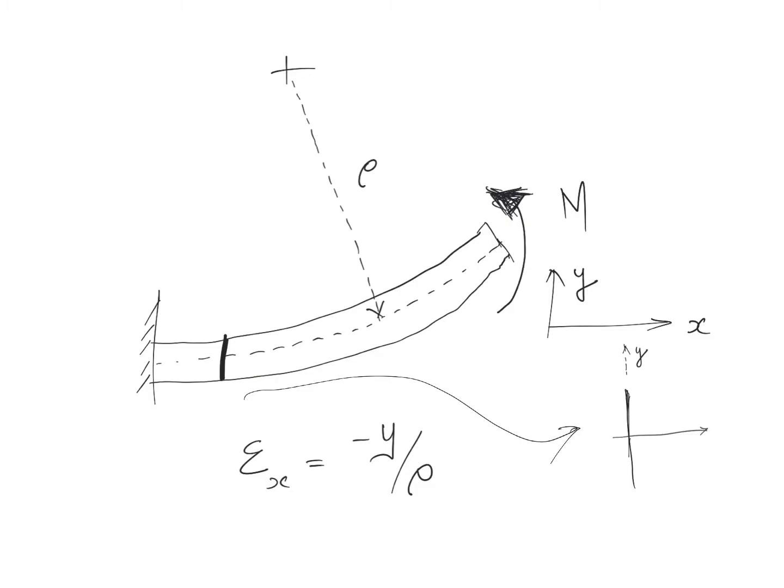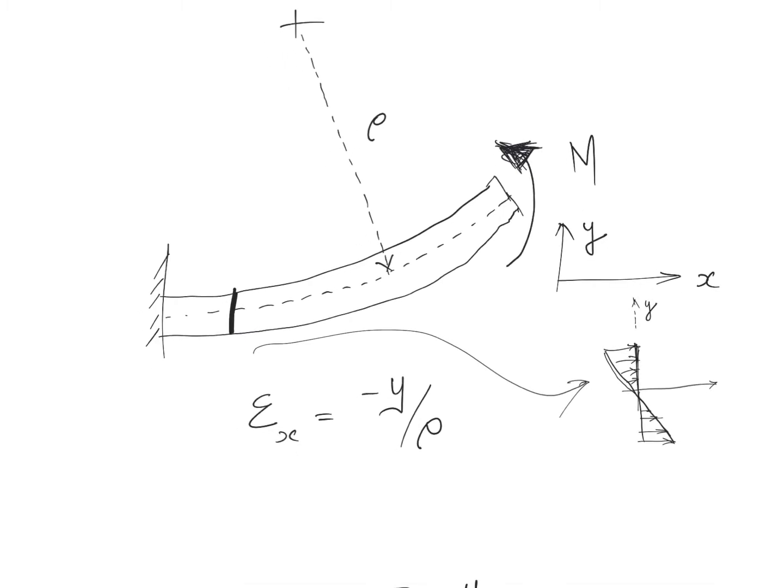So this is the expression. What it tells us is the strain profile goes something like this, where here it is tensile, and on the top we have compressive axial strains. Nothing great. This is all acceptable. This all comes from kinematics. There is no material model used in here for the time being.